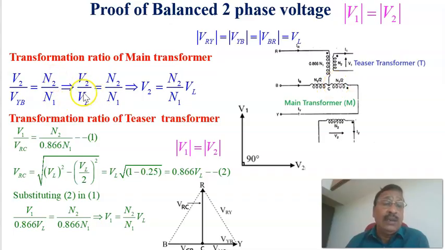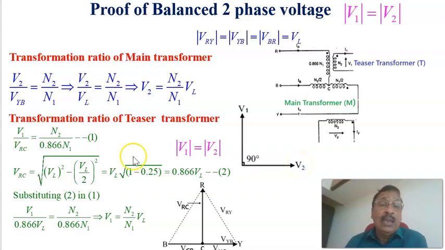So V2 divided by the line voltage equals N2 by N1, or the output of the main transformer secondary, V2, equals N2 by N1 times the line voltage. Therefore, this is the voltage available at the secondary of the main transformer.